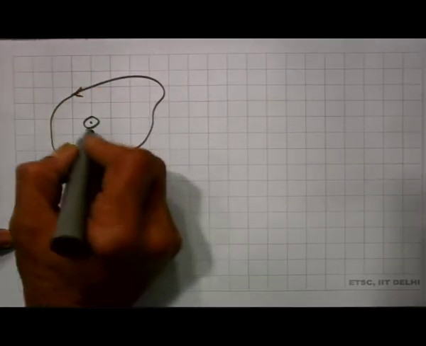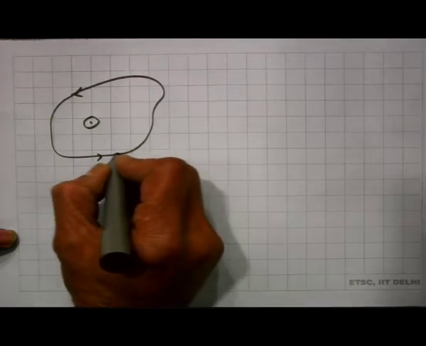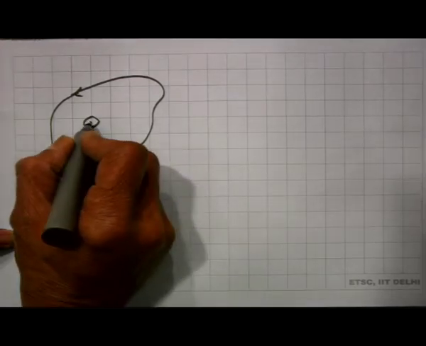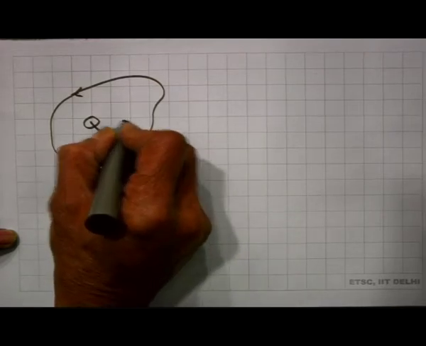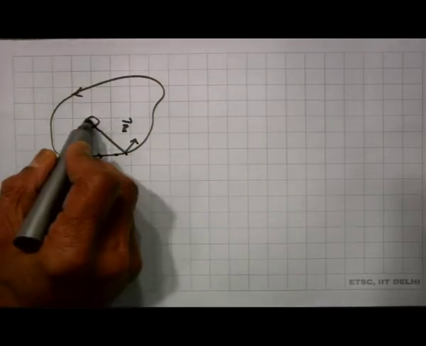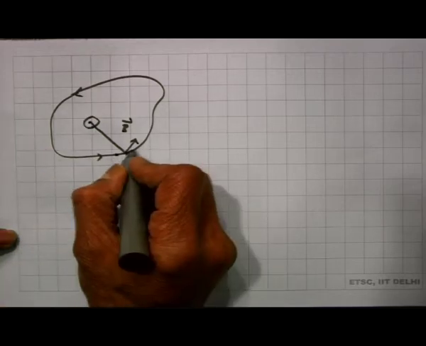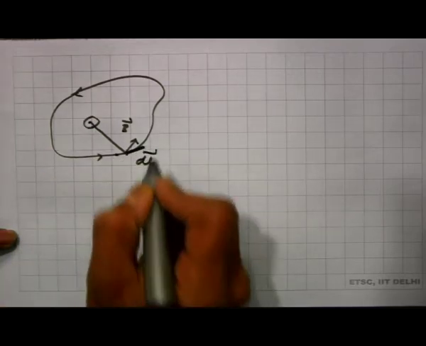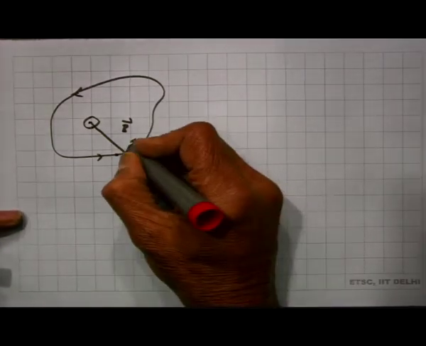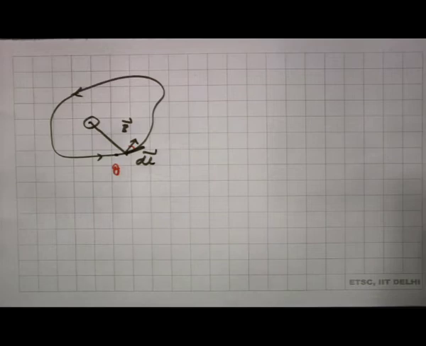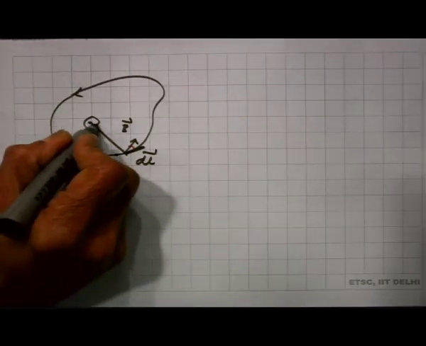Let me try to draw a figure here. For example, at this point B vector is perpendicular to the line joining the center to this point, B vector is like this and dl vector is here. Let me call this angle in between as theta. Let me draw another line here.